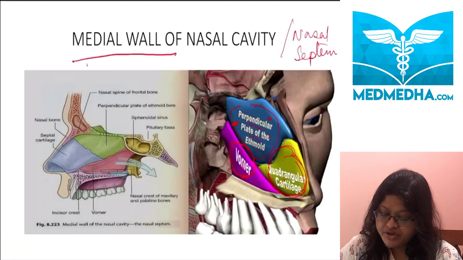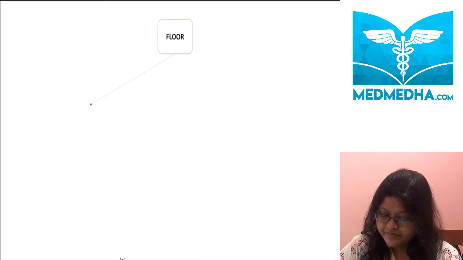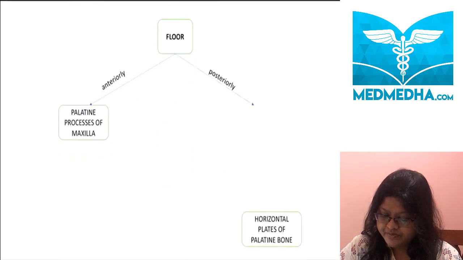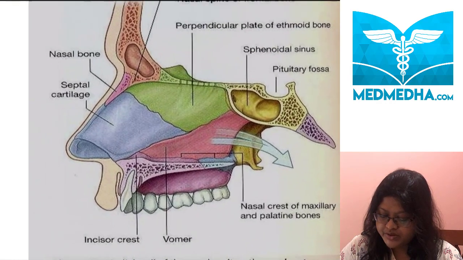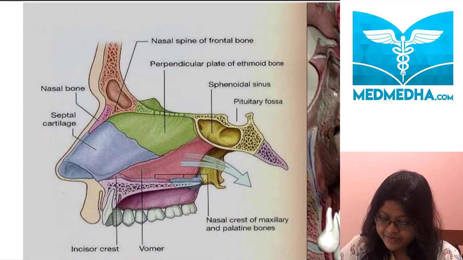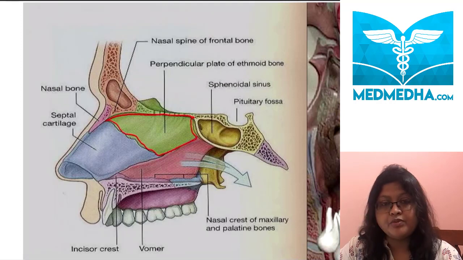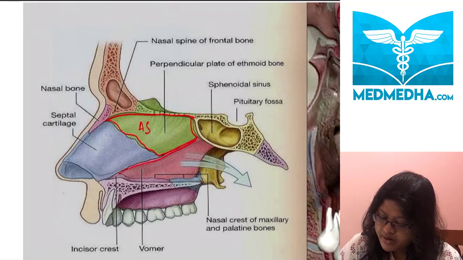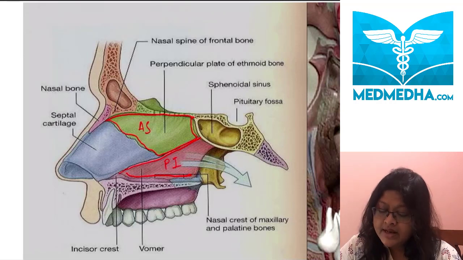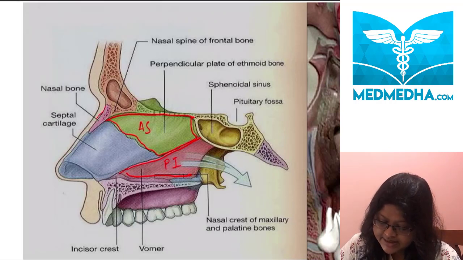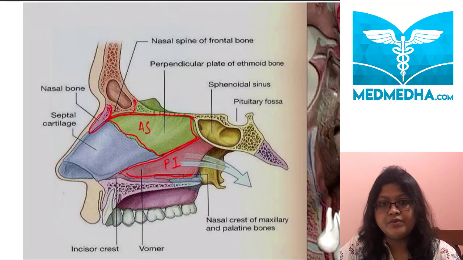So, if we refer to this diagram, this is the perpendicular plate of ethmoid, which is anterosuperior. This is the vomer, which is posterior-inferior. Anteriorly we have the nasal bone and the nasal spine of the frontal bone.